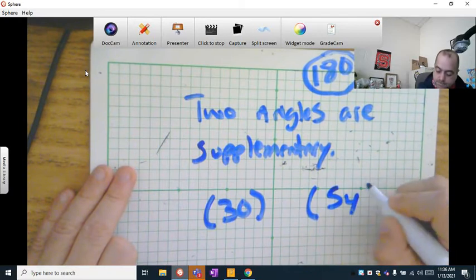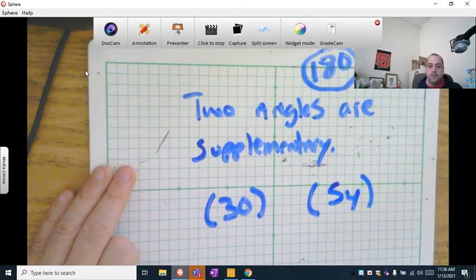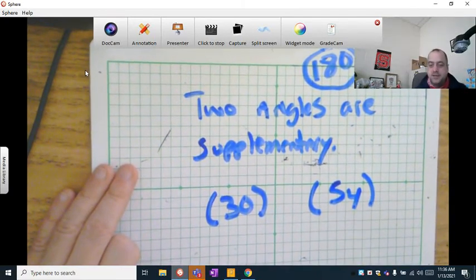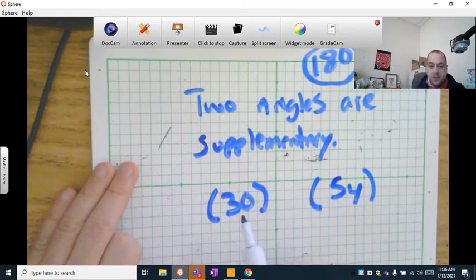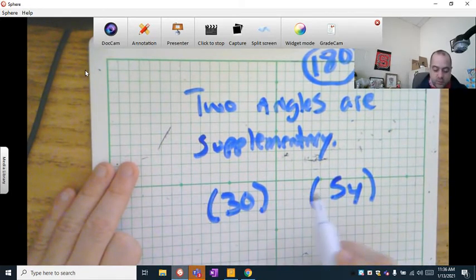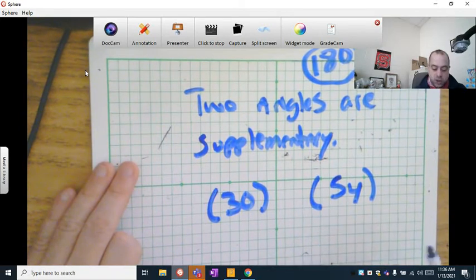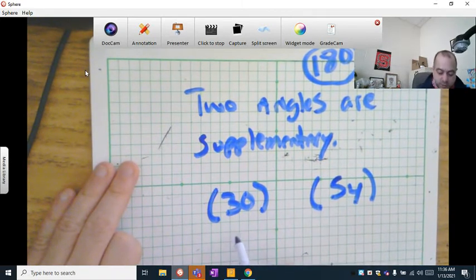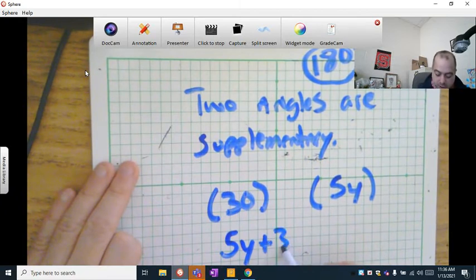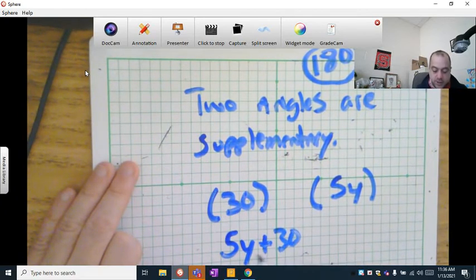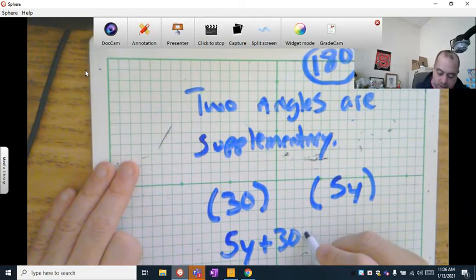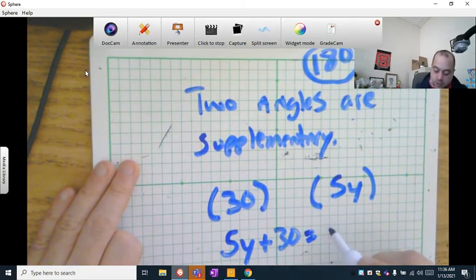All right? Let's figure out what y is. We add these together. Can you add 5y and 30? No, because they're not like terms. So always put the number with the variable first. So we're just going to say 5y plus 30. We can't add them together because they're not like terms. Equals, supplementary, 180.